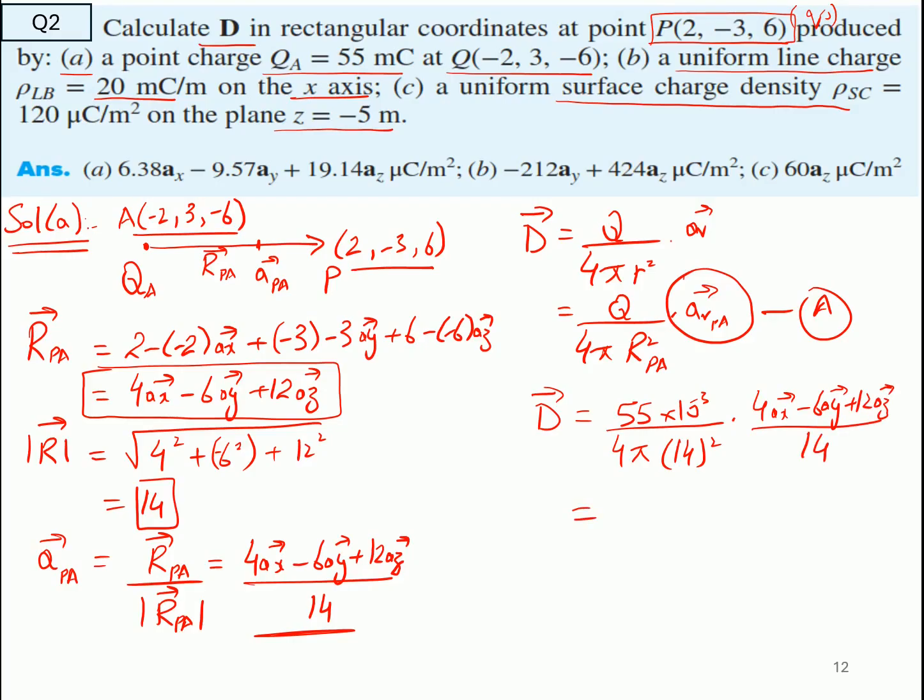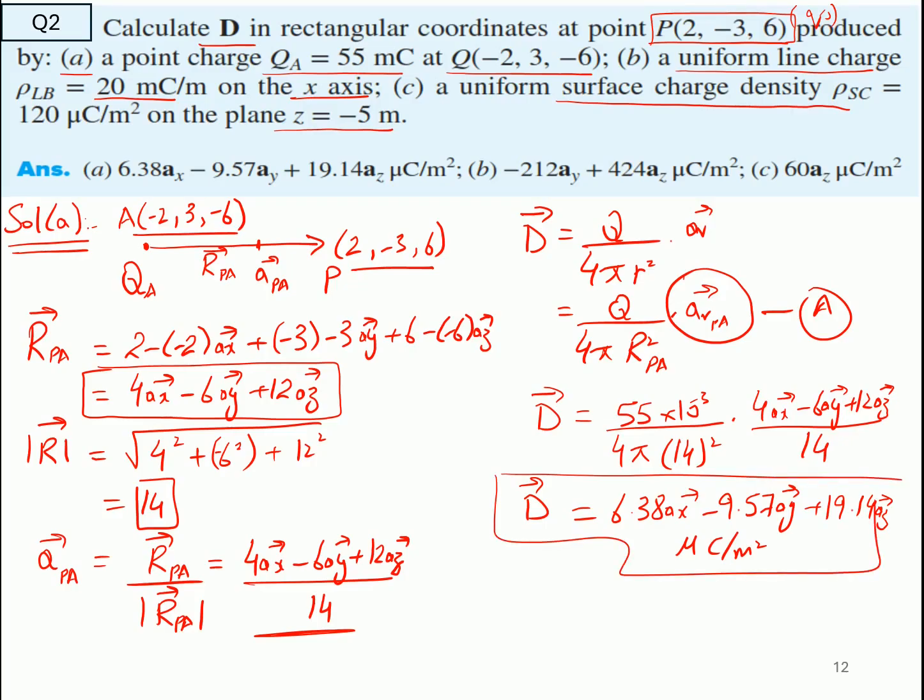Once you solve this, the answer comes out to be electric flux density is 6.838 a of x minus 9.57 a of y plus 19.14 a of z. The unit is microcoulomb per meter square. So this is the answer you should be getting, and we can confirm the answer from section A over here. So this was the solution to the first part of this problem.